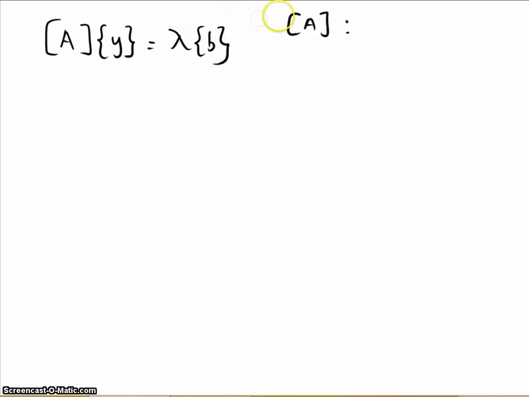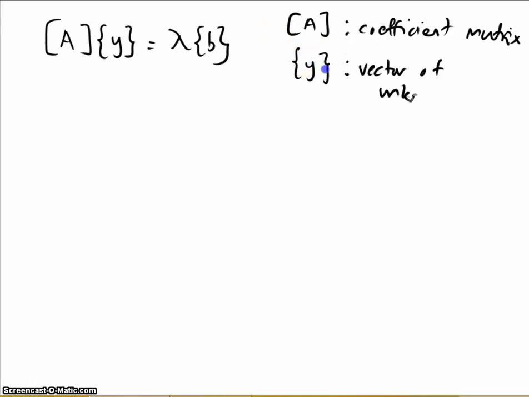So let's say we have this system here. You have a system of Ay = λb. A is basically a coefficient matrix, y is your vector of unknowns, and your b here is your vector of known values.